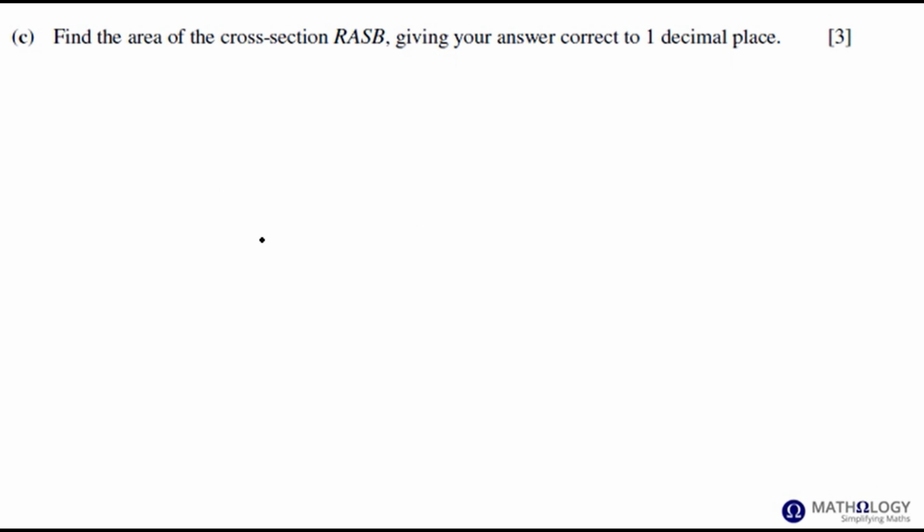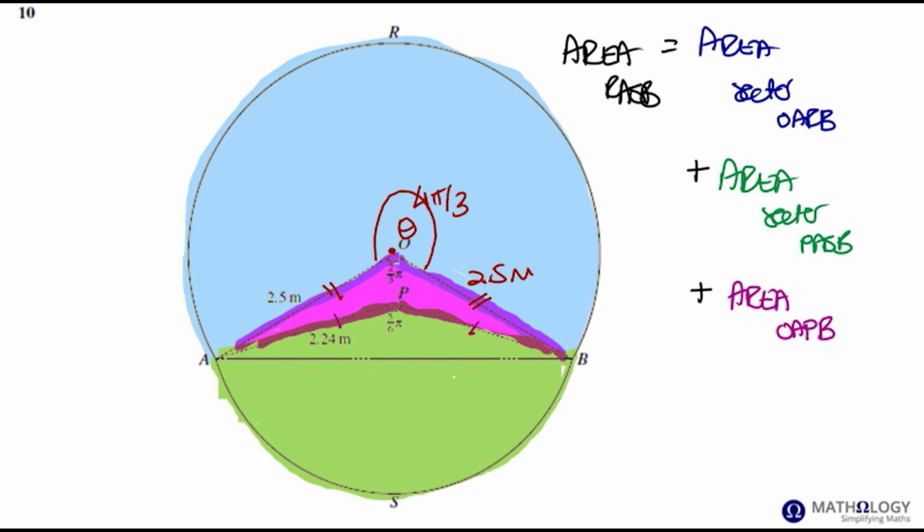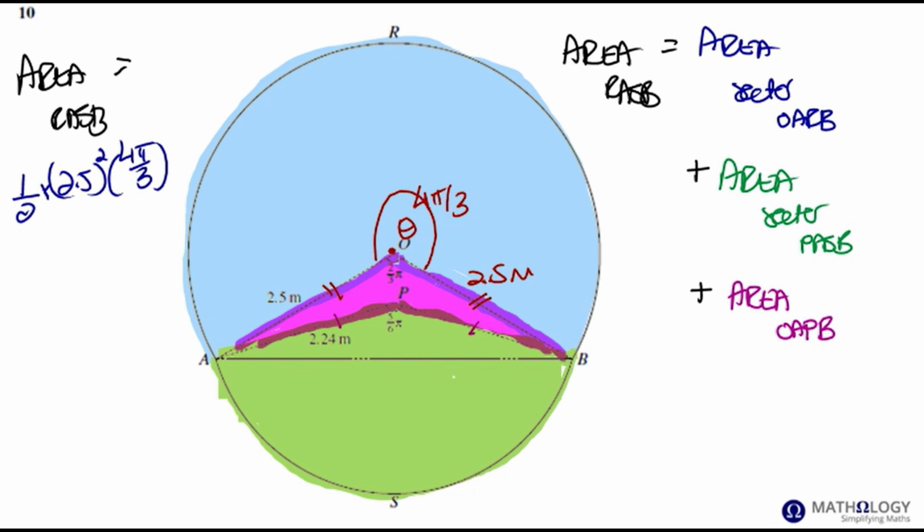Next, we're required to find the area of the cross-section RASB, giving the answer correct to 1 decimal place. So the area of RASB equals the area of sector OARB is going to be a half radius squared times the arc angle. The radius squared is 2.5, so it's 2.5 squared times the arc angle, 4 pi by 3, plus the area of sector PASB is a half.